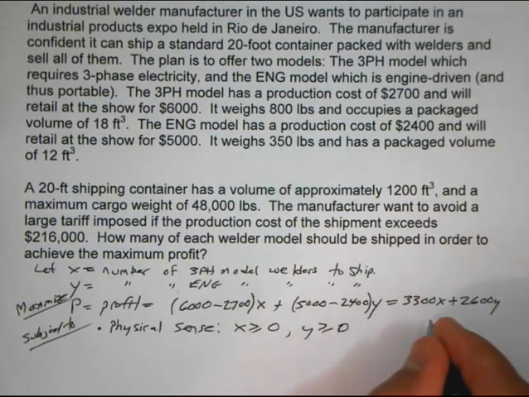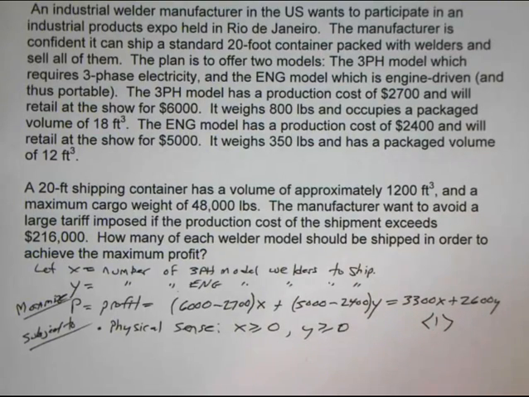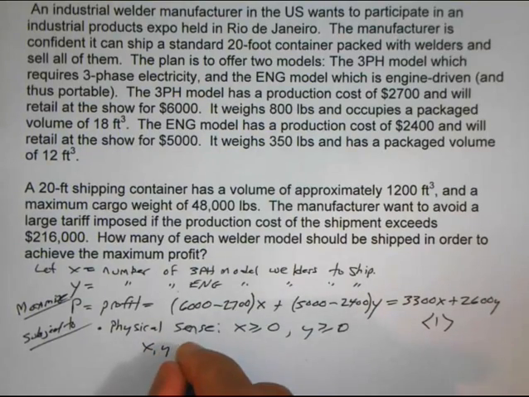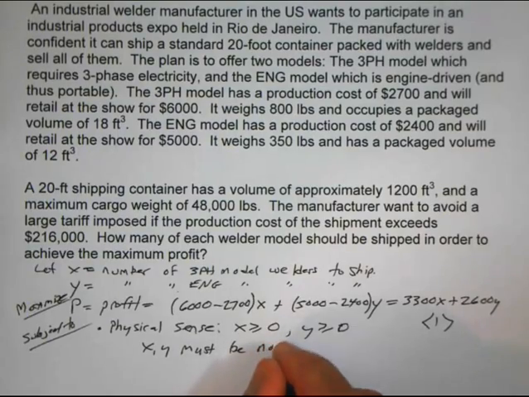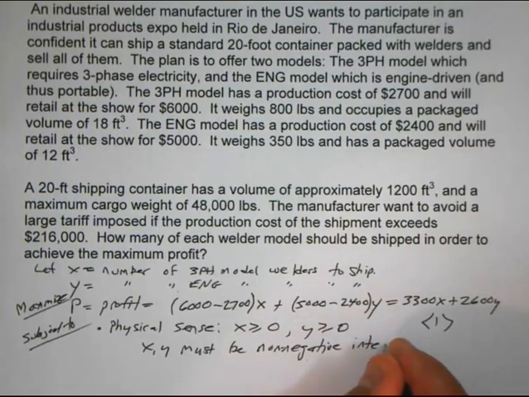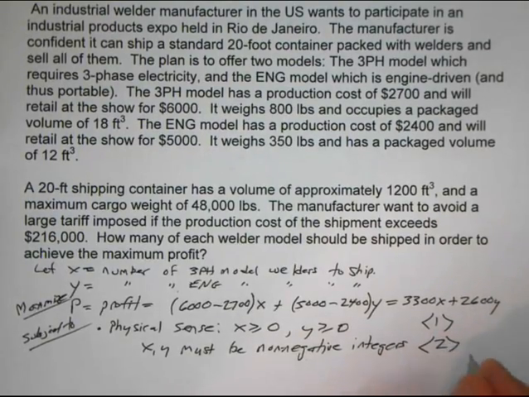So there's one pair of inequalities. Something else: you can't very well ship 2/3 of a welder. You either ship a welder or you don't. So we also have the idea that x and y must be non-negative integers. Okay, that's the second pair of statements there.